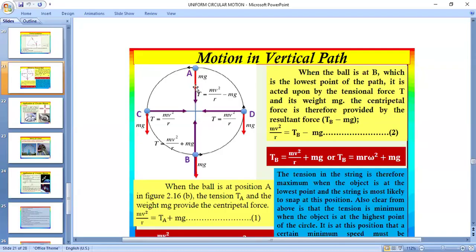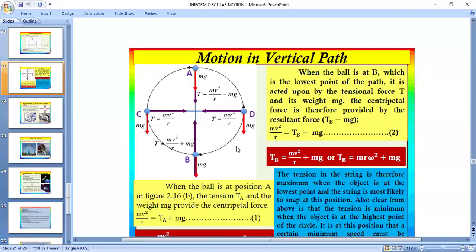It must remain taut here. So to calculate that velocity, just like what we did here for the flat rod, V equals the root of rg. So the velocity for the rope to remain taut at point A is given by V equals square root of rg.